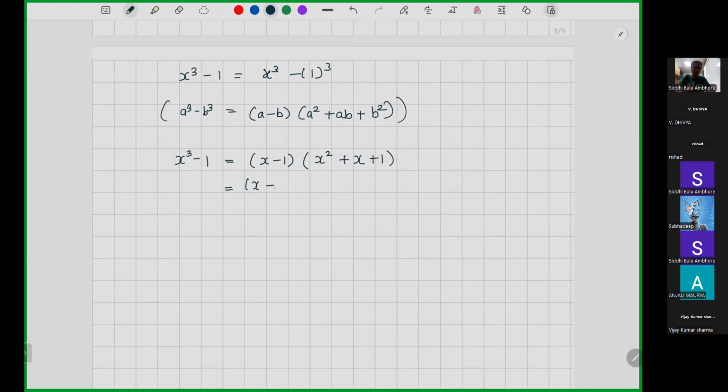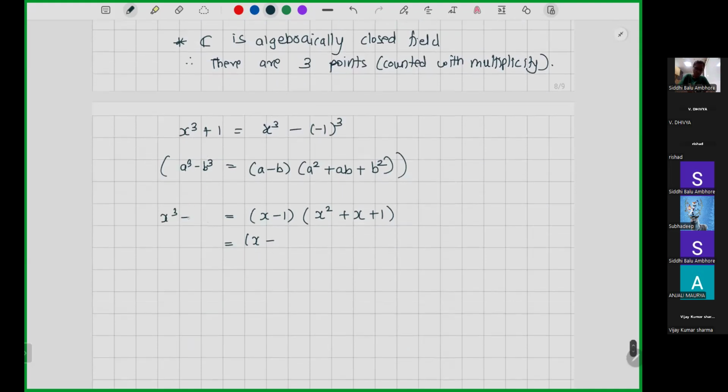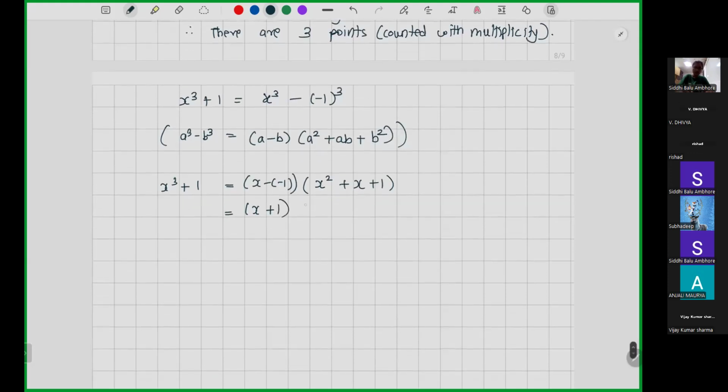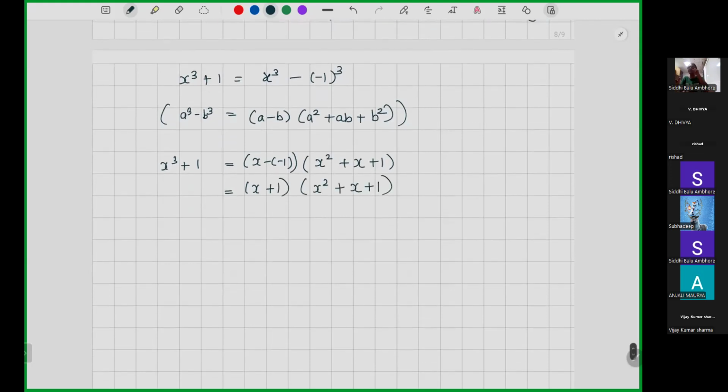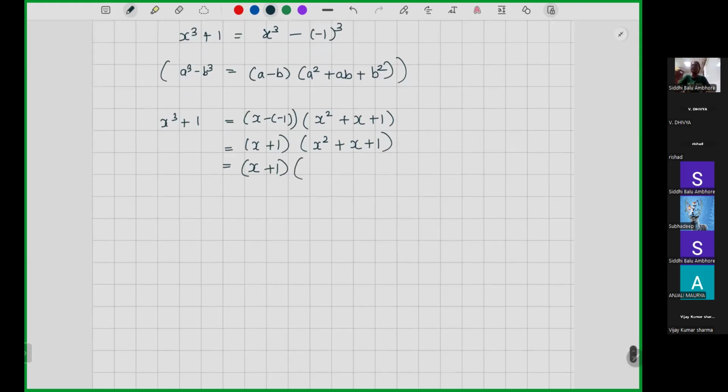Am I missing something? So the ideal is generated by plus 1. Sorry, plus 1 is x minus minus 1, so this is x plus 1. And this is a quadratic polynomial of degree 2, and we will just use the discriminant formula: minus b plus minus the root of b square minus 4ac, over 2a.